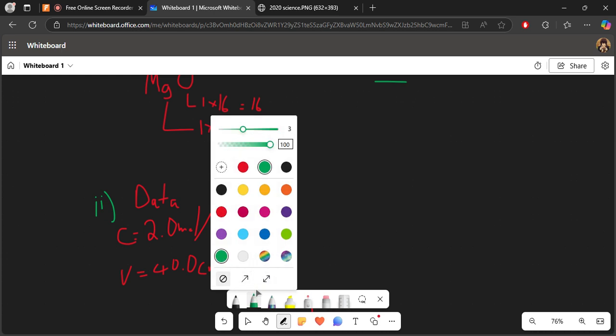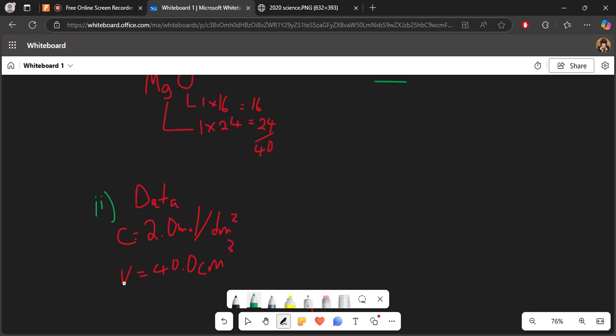So, how do we link these two to our number of moles? Well, we know that our concentration is the number of moles over volume. You can write it as number of moles is concentration by the volume. So the number of moles is the concentration, which is 2.0 moles per decimeter cubed, by our volume. Notice that the volume is in centimeters cubed, and this is in moles per decimeter cubed. So you need to convert volume from centimeters cubed to decimeters cubed.